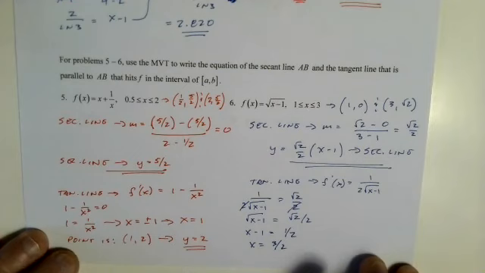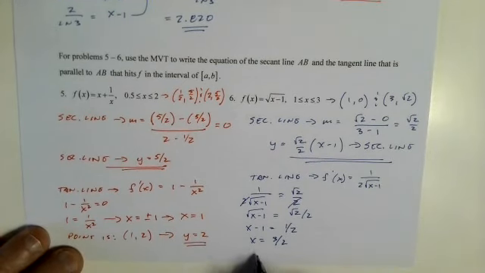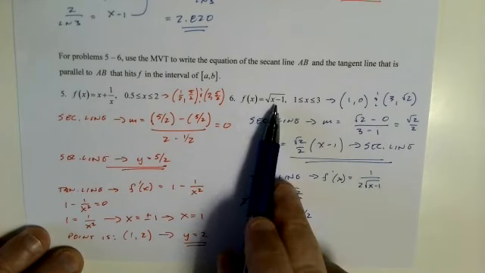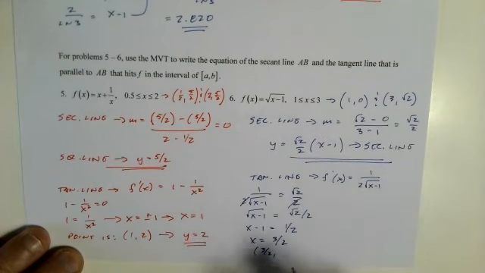So this point becomes 3/2, comma, square root of 1/2, which is √2 over 2, unless I'm very mistaken.